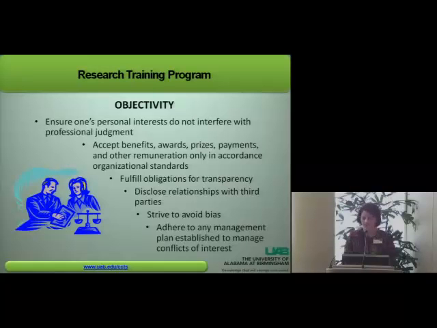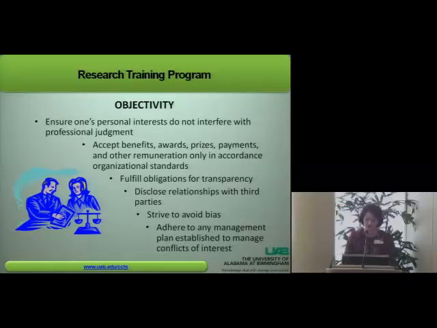It means accepting benefits, awards, prizes, payments, and other gifts only in accordance with organizational standards. Because gifts from people or companies that are related to our research can create either real or perceived personal conflicts, we should accept them only in accordance with the laws, regulations, and policies that govern them.